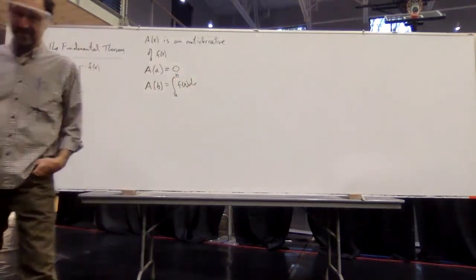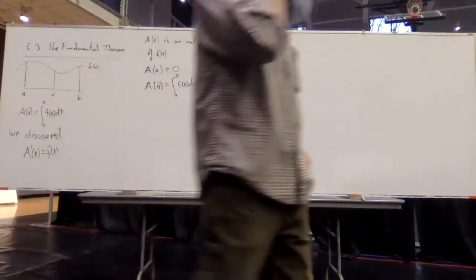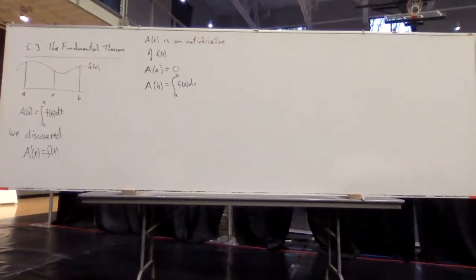And notice that A evaluated at b is simply the definite integral, which I'm not sure I've been very clear about, but our goal is to figure out what that definite integral is. I mean, we know the definition, the limit of a Riemann sum, right? And we actually worked that one time, but it was pretty complicated, even for a very simple function, x squared plus 1, if you remember.